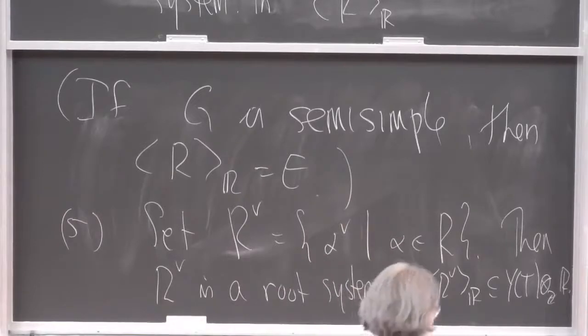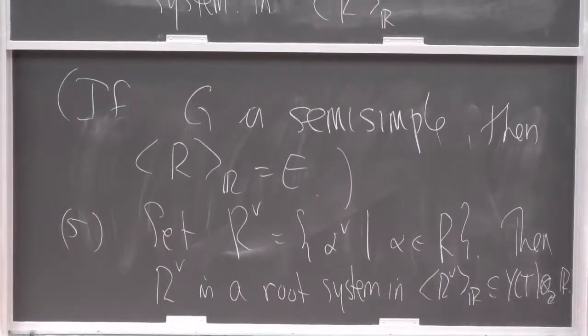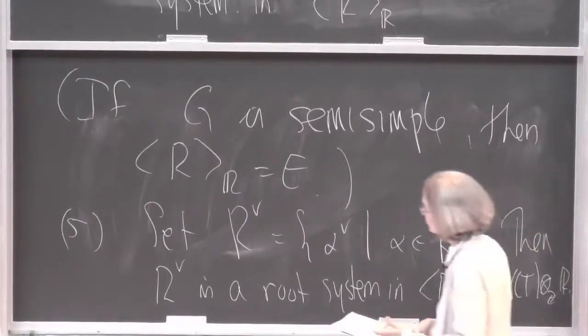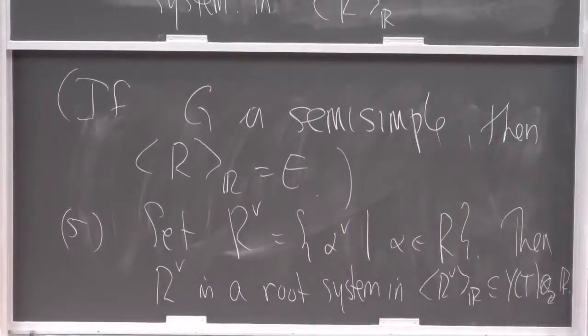One more thing to link all of this back to B. All of this really is coming to us from the torus that we fixed at the beginning. I haven't linked it at all to the choice of Borel subgroup that I made at the beginning. So finally, there's a base or a positive system in this root system, such that the Borel is generated by the positive roots in the torus.